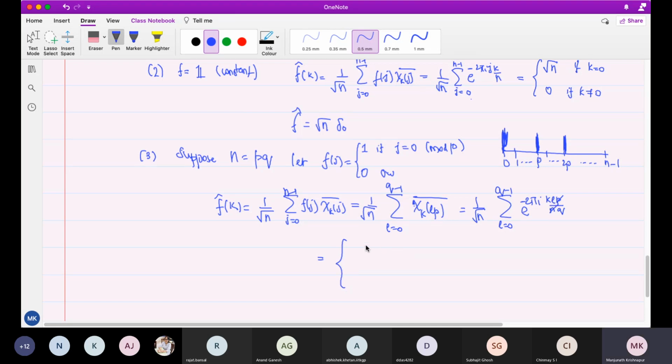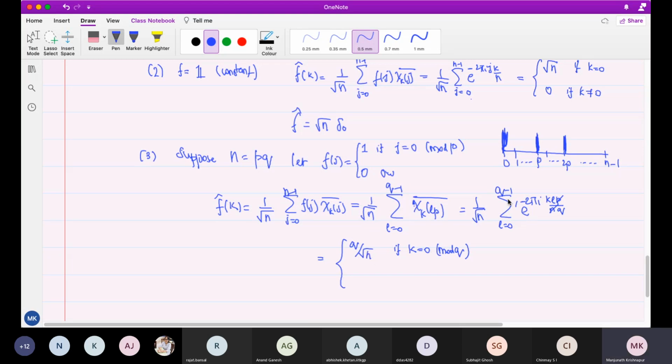Now, if k is 0 mod q, that is, if k is 0, then all of these are 1. So I'll get q over square root n.